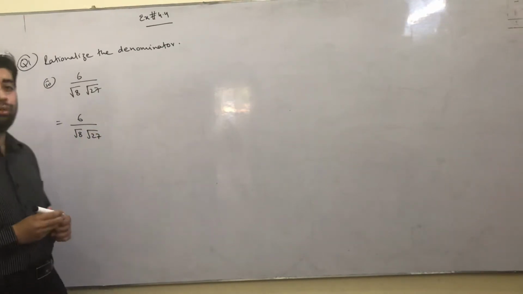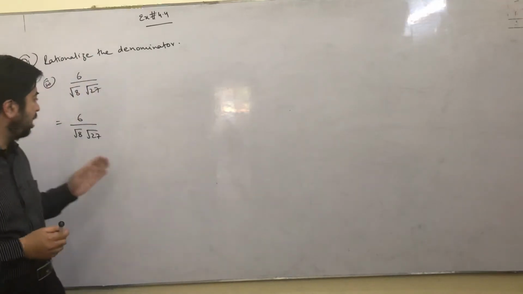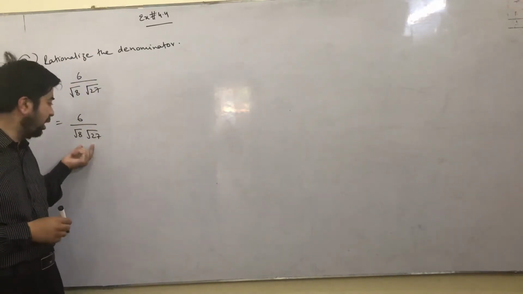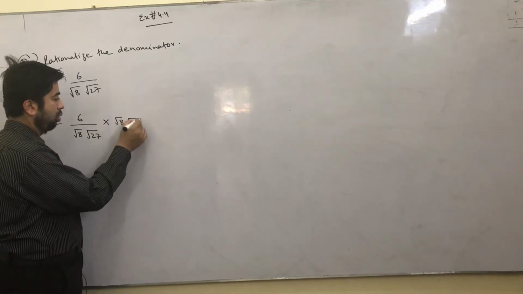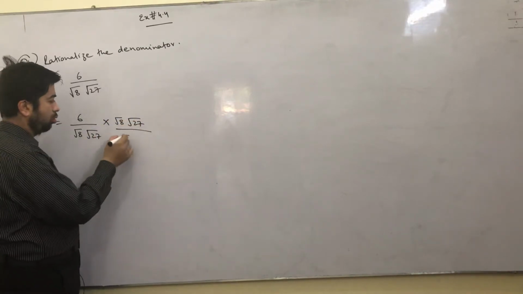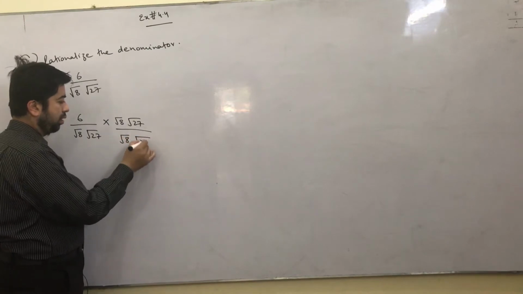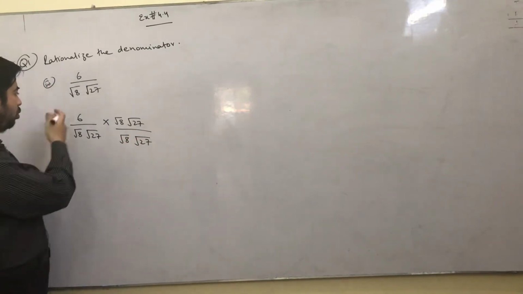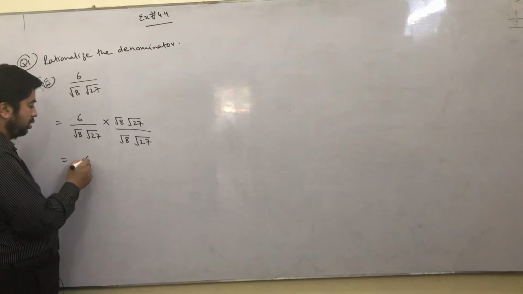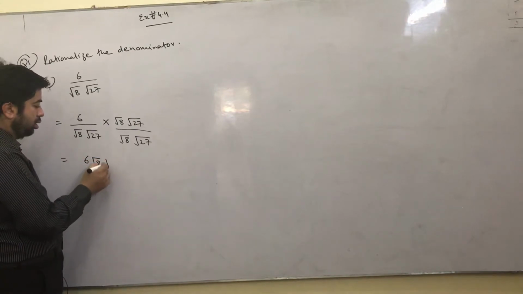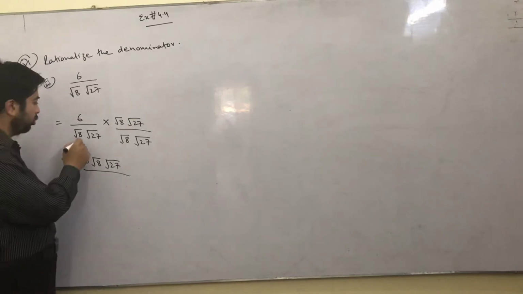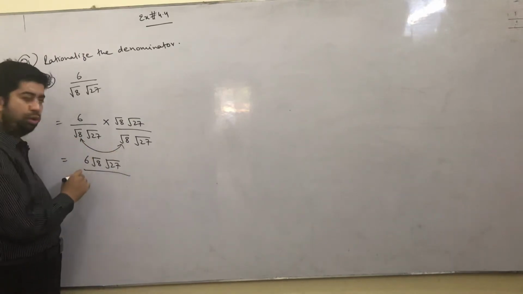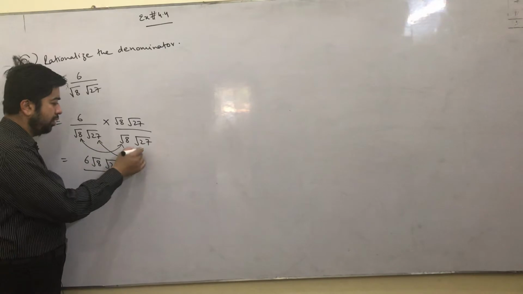So what I have to do is multiply and divide with the same irrational numbers: square root 8, square root 27, and in the denominator also square root 8, square root 27. Same method. So in the numerator 6 square root 8, square root 27, and in the denominator square root 8 is going to multiply with this square root 8, and square root 27 is going to multiply with this square root 27.